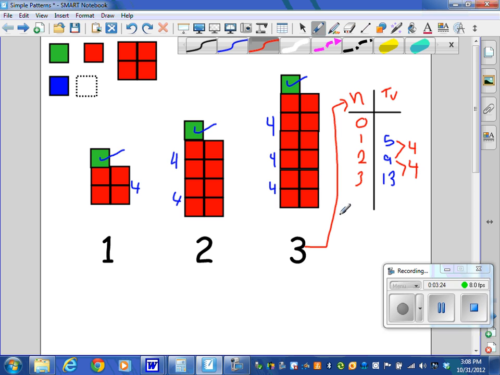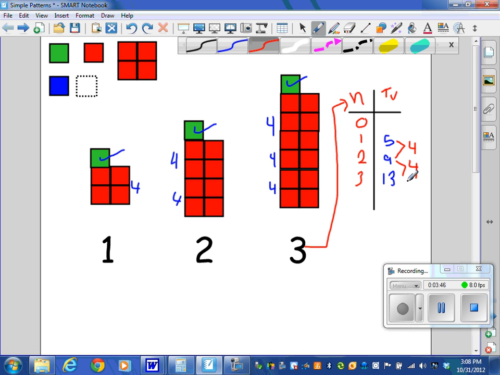When we add 4, 4 plus 4 plus 4 is the same as saying 4 times 3. Or 4 plus 4 is the same as saying 4 times 2. Or 4 is the same as saying 4 times 1. You can see that in the picture which I've laid out, and it's also here.